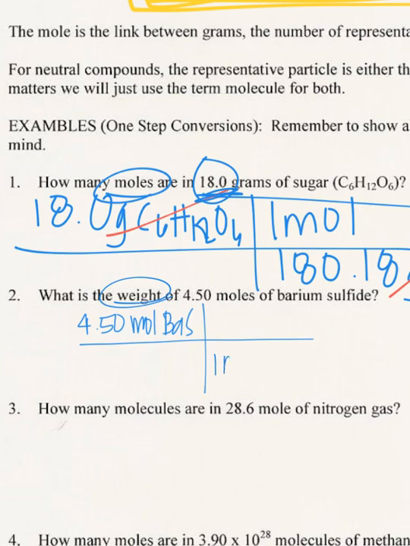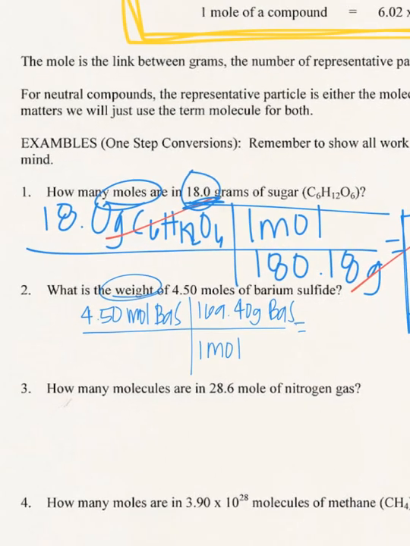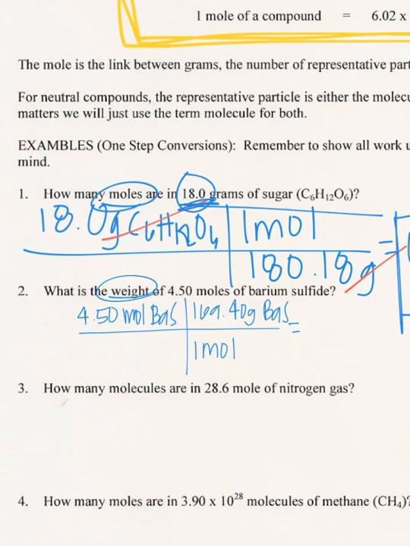For every 1 mole of barium sulfide, we have 169.40 grams of barium sulfide. When I do the math, I get 762.48, which rounds to 762 because that has 3 sig figs, and that's grams of barium sulfide.